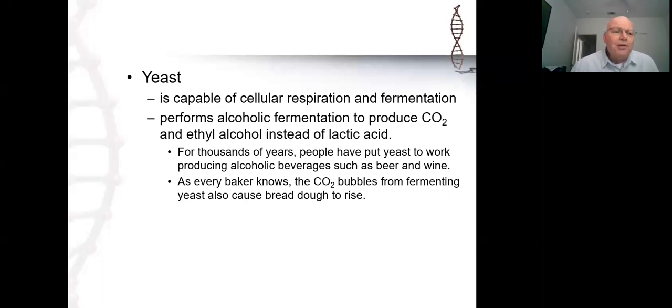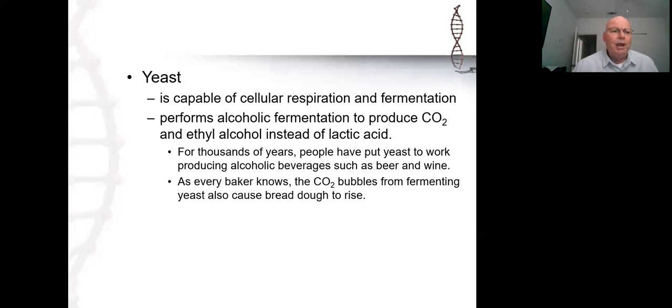But what you may not have realized is that anything that uses yeast as a leavening agent, so when you make bread and rolls and other things that use yeast as the leavening agent, the yeast there is also anaerobic. And the captured carbon dioxide in the gluten complex in the bread dough is what causes the dough to expand or to rise.